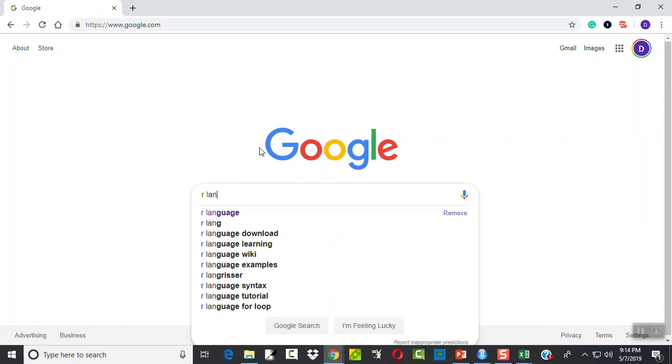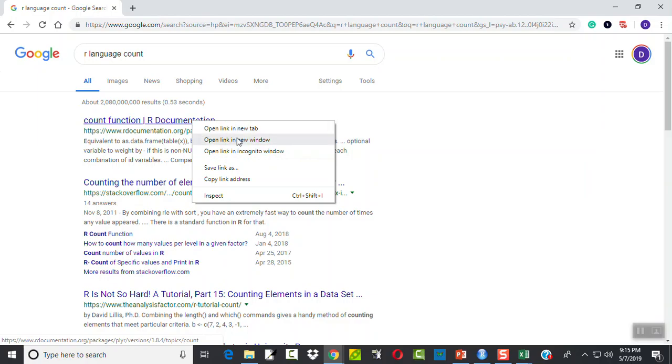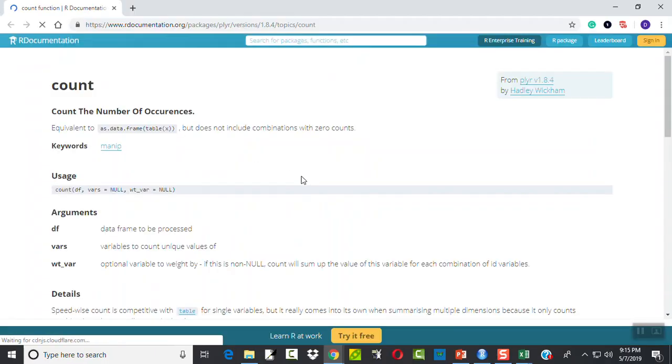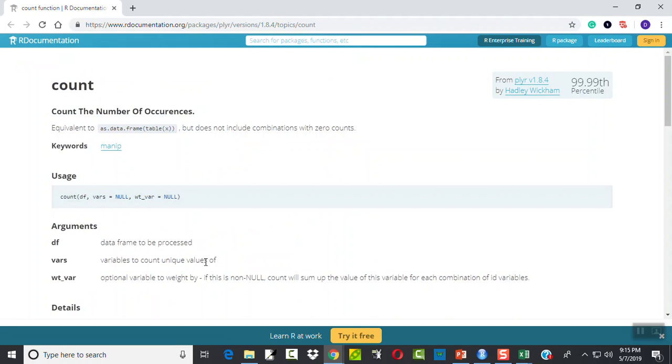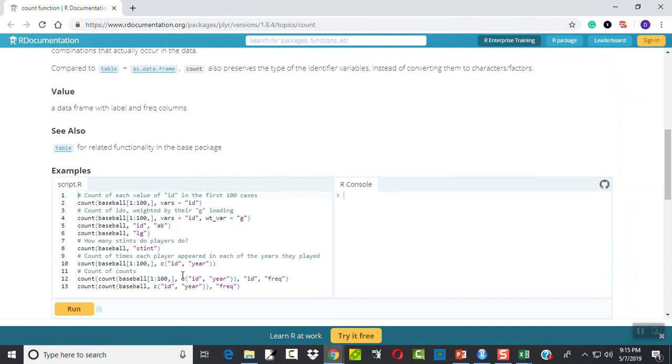R language count function. Data frame to be processed, variables to count, unique values of. I don't want unique values.